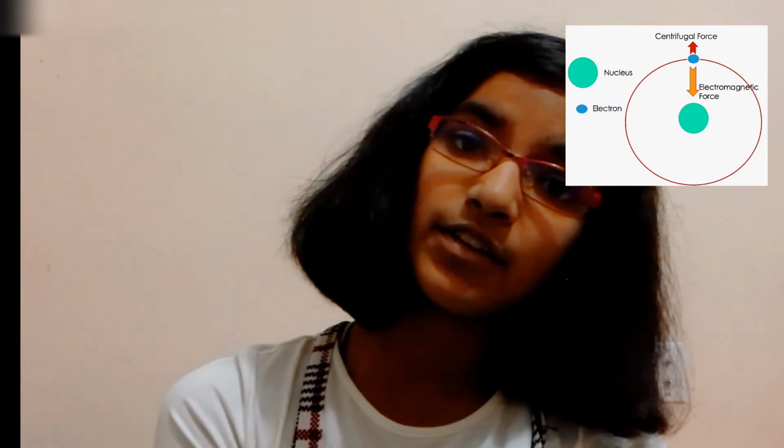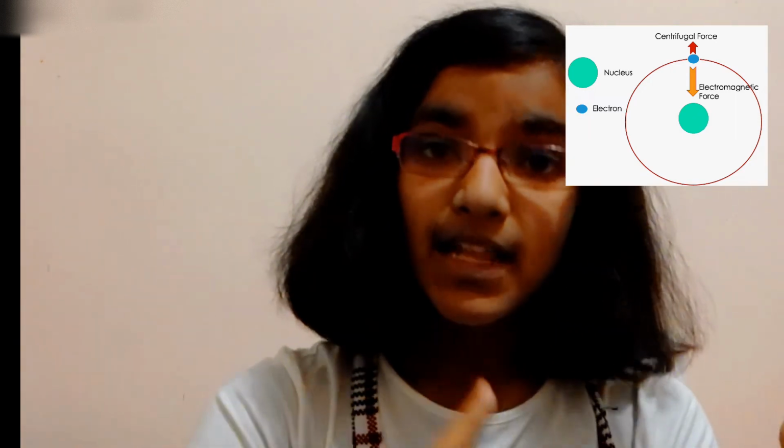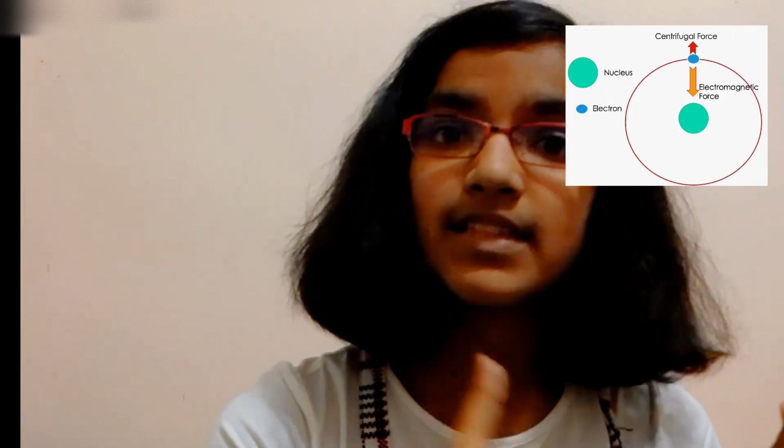But you have to remember, at the same time, the electromagnetic force is pulling the electron towards the center. So both the forces are going in opposite directions. The centrifugal force is pulling the electron away from the center, and the electromagnetic force is pulling it towards the center. That's why the electron stays in the fixed circular orbit.